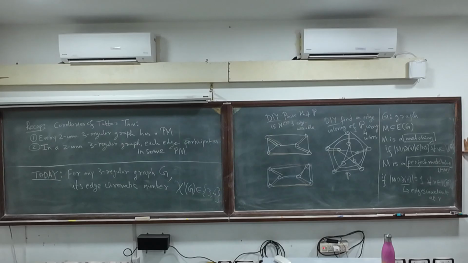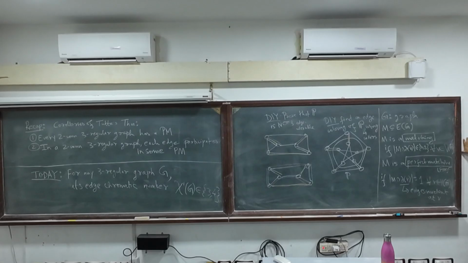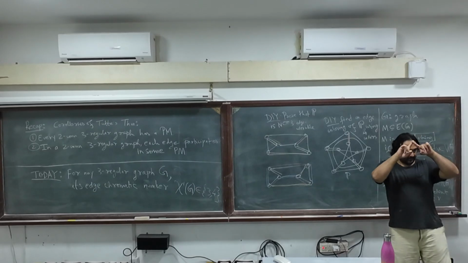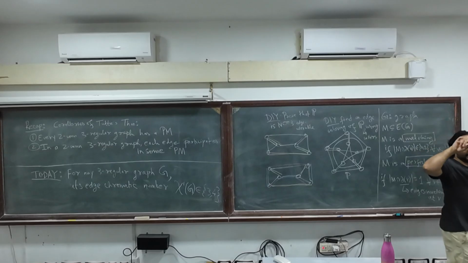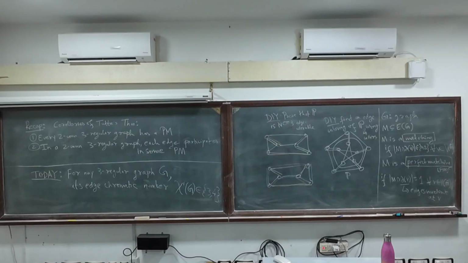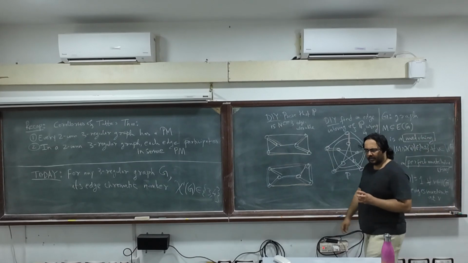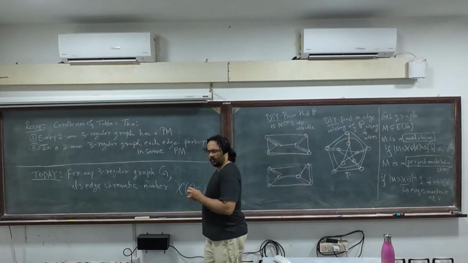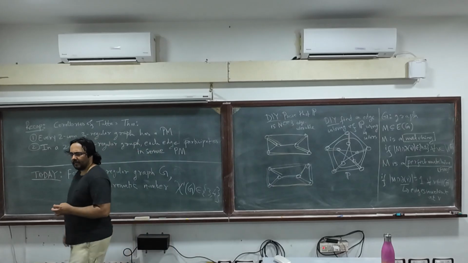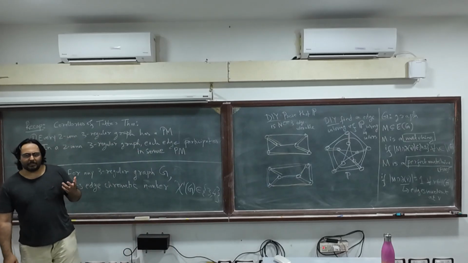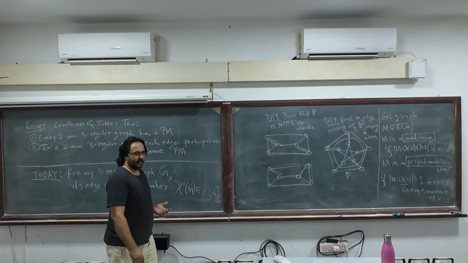Okay, so is the general concept clear? Now here's a question. If you consider an edge coloring of a graph, what do I mean by an edge coloring? Color the edges so that any two adjacent edges get distinct colors. If you consider any edge coloring, what does each color class look like? By each color class, I mean the edges that receive a particular color.